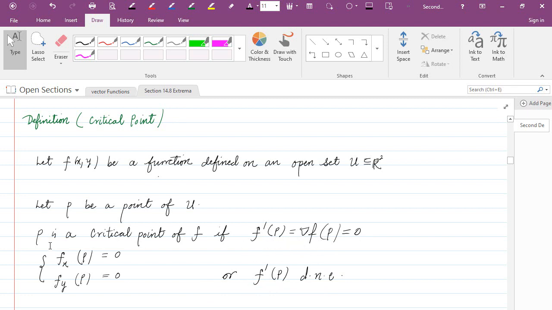So I can say that P is a critical point of f if the first derivative of f is 0, or the first derivative of f doesn't exist at the point P.